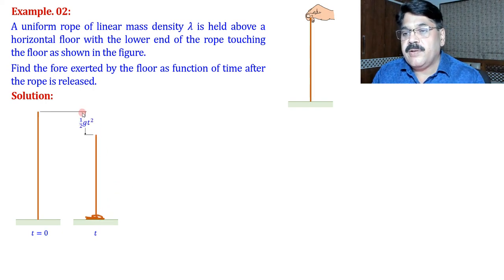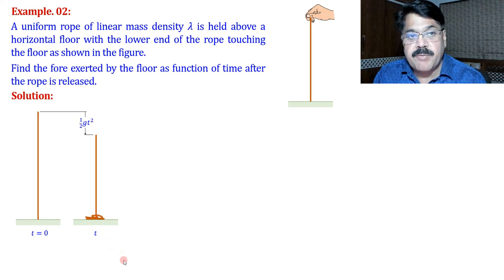So in time t, the portion fallen is half g t square, very simple, because the rope is in free fall. There will be no vertical force on the straight portion, but as the rope falls on the heap, it will lose its momentum, so it will apply some force on the heap. There is force between the portion fallen on the heap and the heap, but there is no force between the vertical portion and the heap because the rope is extremely flexible.